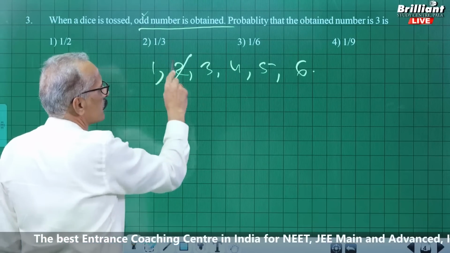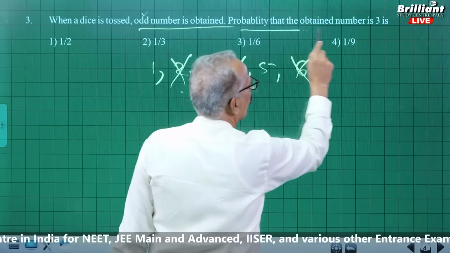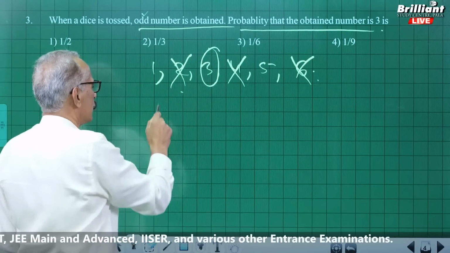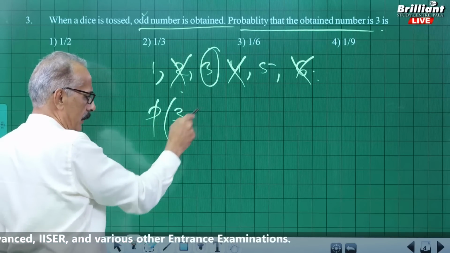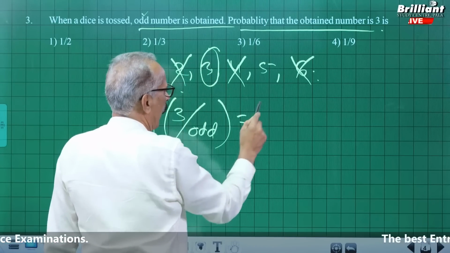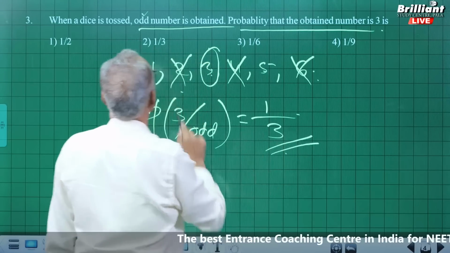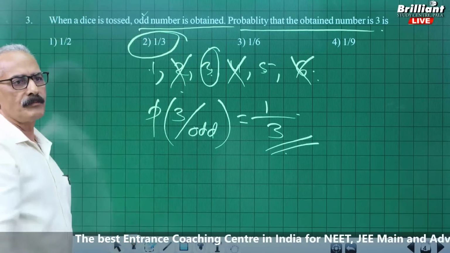It means 2 is ruled out, 4 is ruled out, and 6 is ruled out. What do you want? The probability that the number is 3. So the required probability of 3, given that an odd number is there, is 1 out of 1, 2, 3. Answer is 1 by 3. So quickly, your answer is 2.